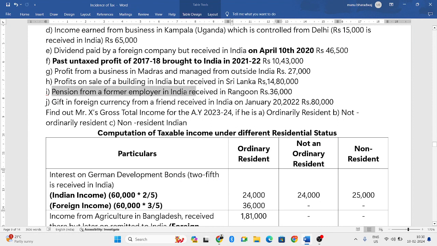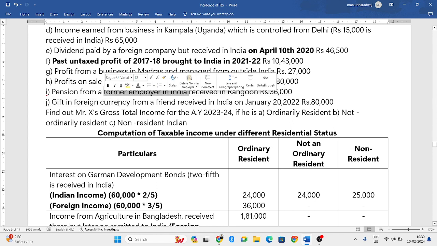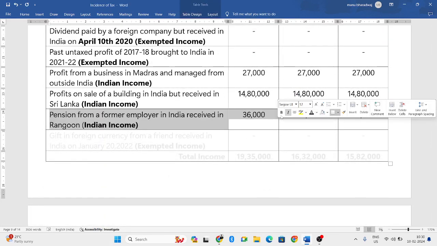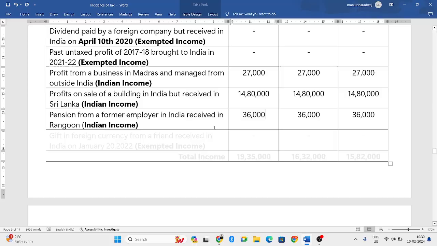In India, you were working with some employer, and he is giving you a pension. The arising aspect is in India because the employer is in India. The receiving aspect is in Rangoon. If the arising aspect is in India, we consider it as Indian income. So all three will be taxed.